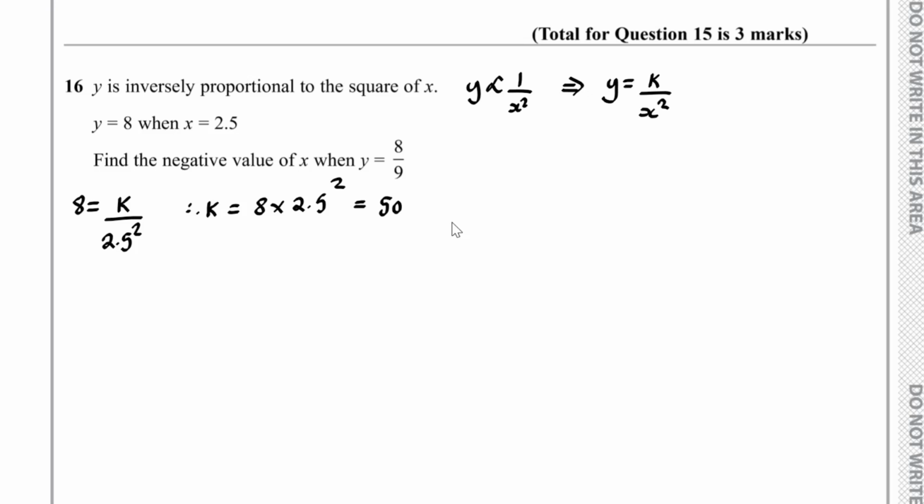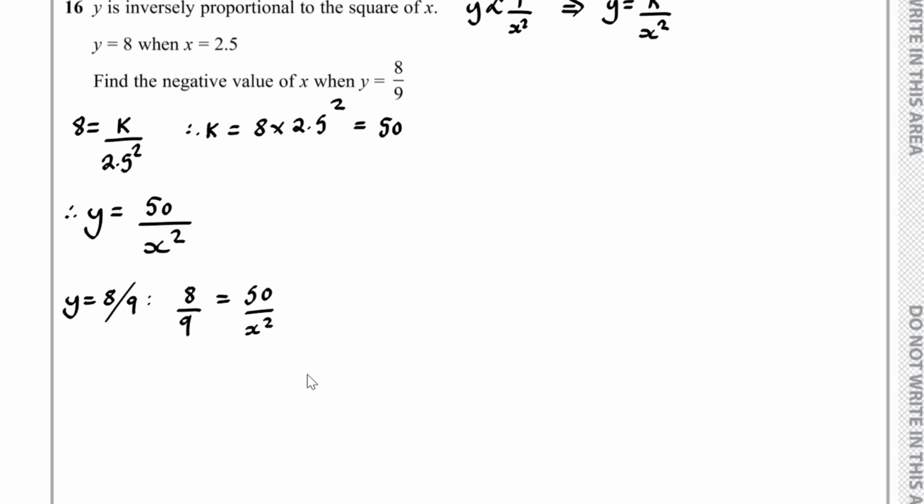Okay, so therefore we can see here y is going to equal 50 over x squared, and we're finding out the value of x when y is equal to 8 over 9. So we've got 8 over 9 equals 50 over x squared. So if I multiply through by x squared and then 9, we've got 8x squared equaling 50 times by 9.